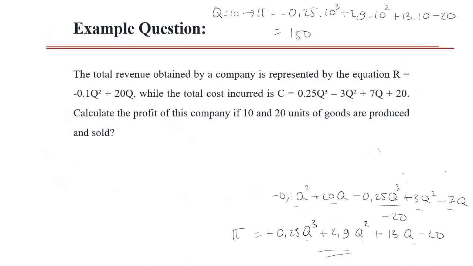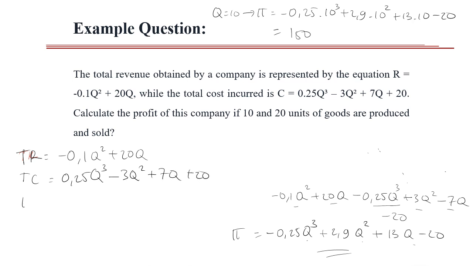For example, total revenue obtained by a company is represented by the equation TR equals minus 0.1q quadrat plus 20q, while the total cost incurred is 0.25q cubic minus 3q quadrat plus 7q plus 20.